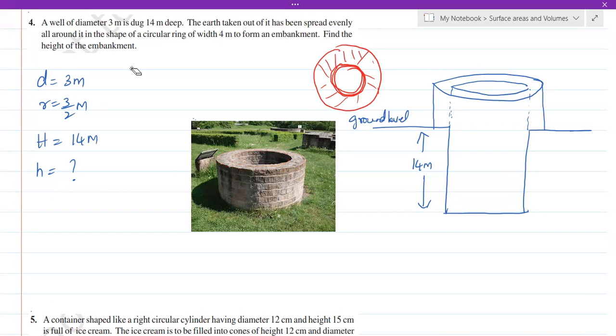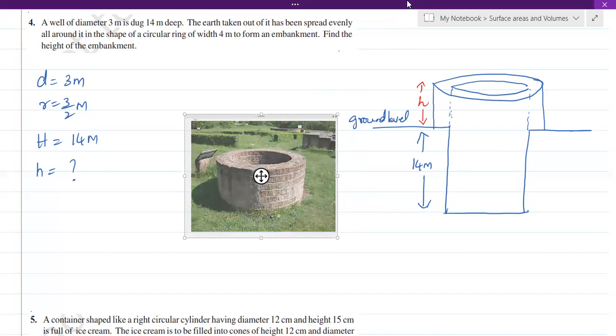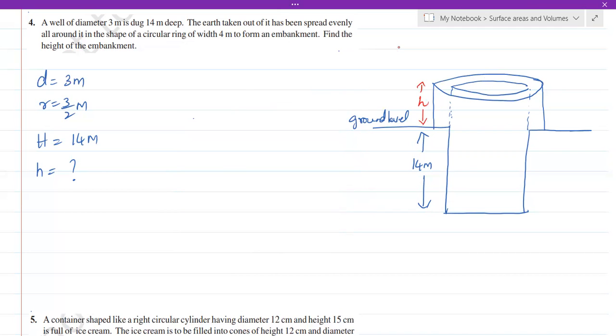Now, let's find the height of the embankment. Let's take the height of the embankment from here to here. I hope you understood what an embankment is. Now, the mud that was taken out is used in making the embankment.